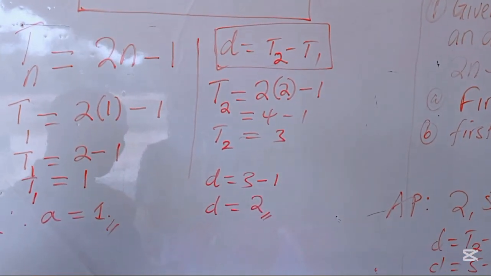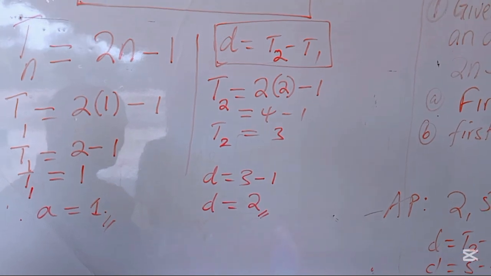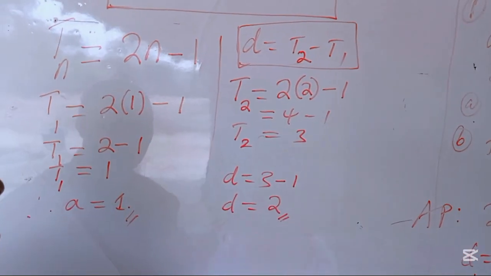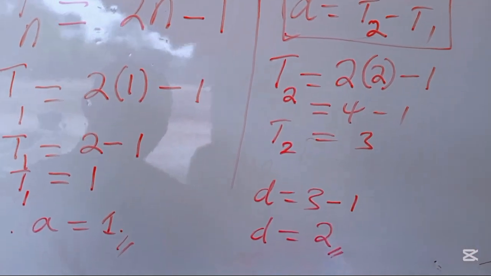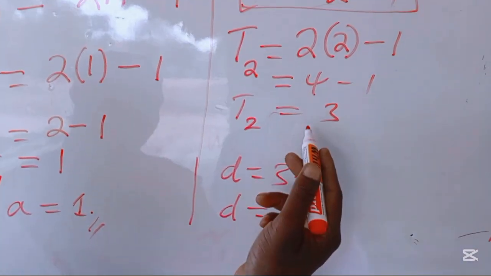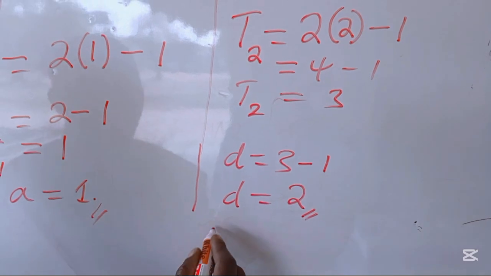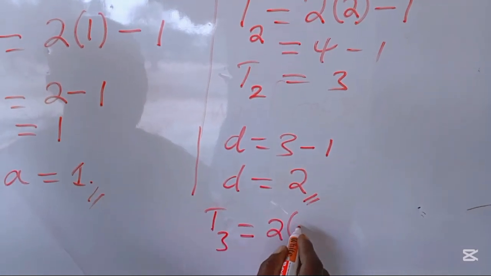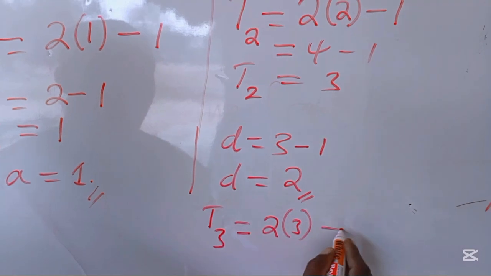Then from there they are saying find the first 3 terms. Already I've got 2, so I just look for the third one. I can use the same method: where there is n, I put 3 there, minus 1.